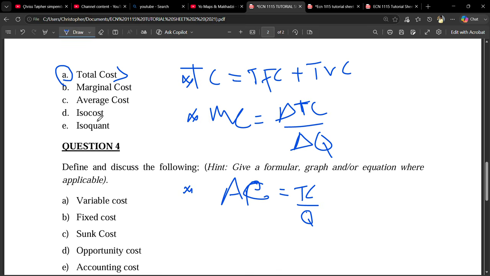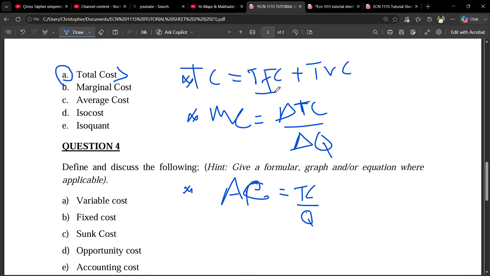What is an isocost? An isocost is simply a line that shows the maximum cost that a firm will have to pay to use a certain combination of inputs.